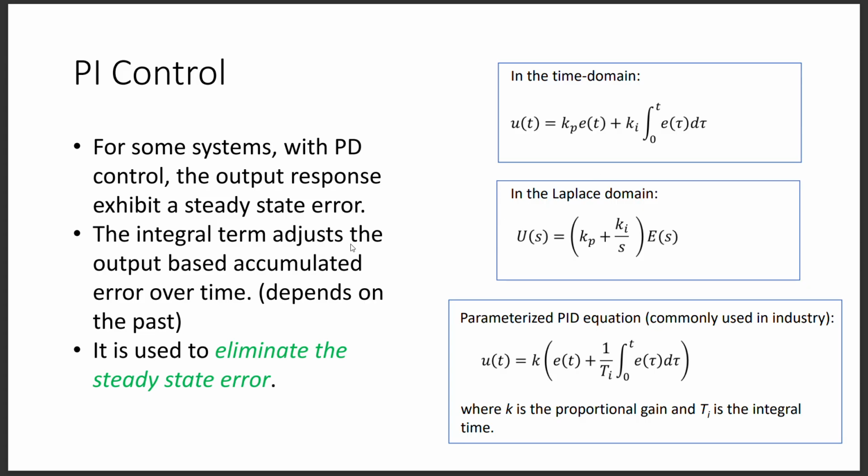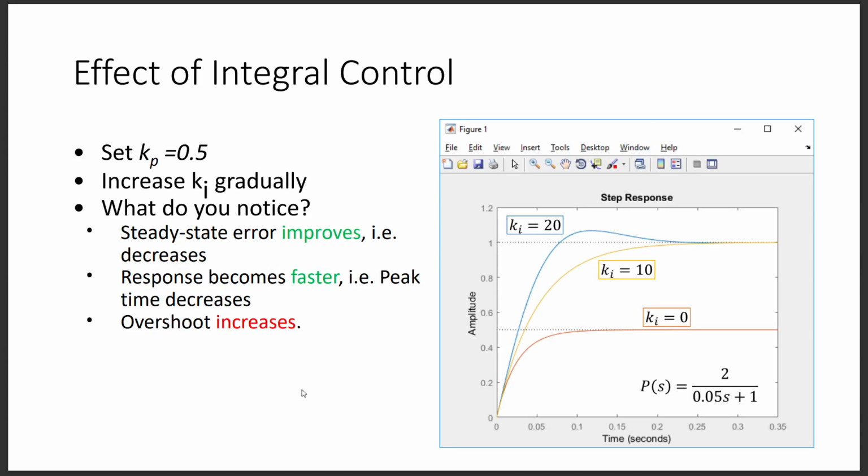The integral term adjusts the output based on accumulated error over time, and it is used to eliminate the steady state error. So let's see this example. We have a system, and we have Kp equals 0.5.